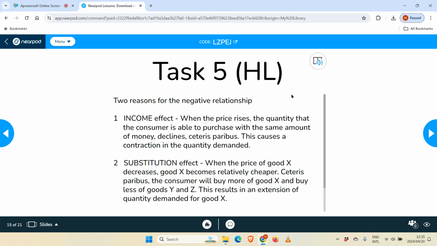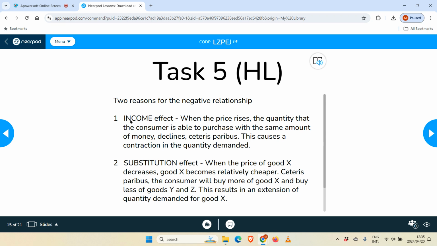Our next task is a higher level task. In the previous activity, students will have discovered that the law of demand is based upon a negative relationship. So why is there this negative relationship between the price of a product and the demand for a product?